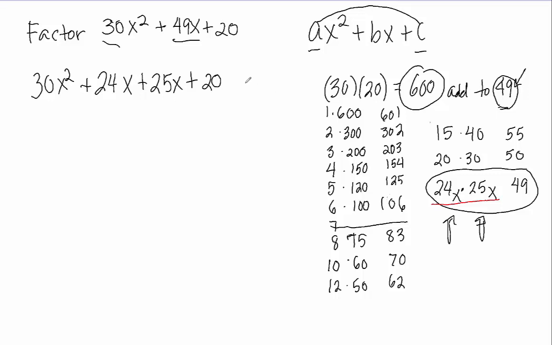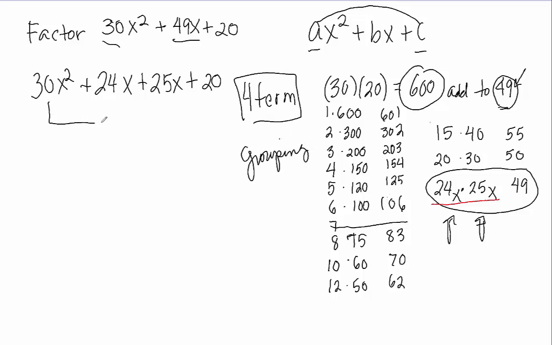Now we have 4 terms, and when you have a 4-term polynomial, we use the method of grouping. I'm going to group the first 2 together, bring down the middle sign, group the last 2 together. 30x squared and 24x have 6x as a common factor.